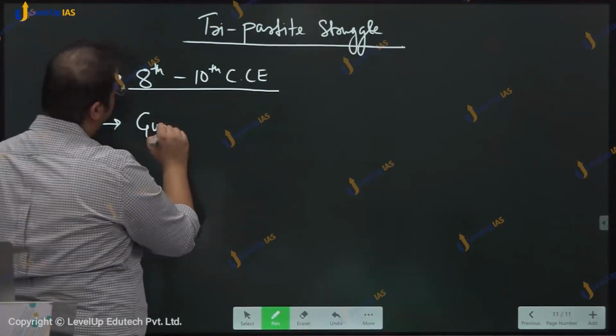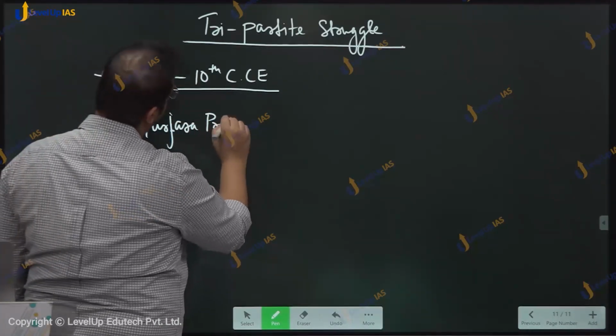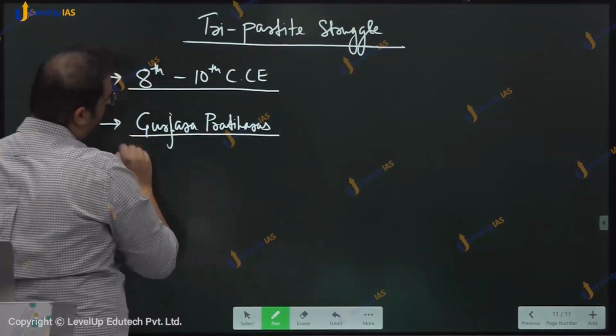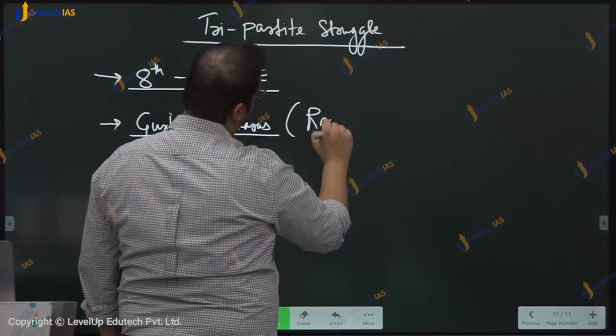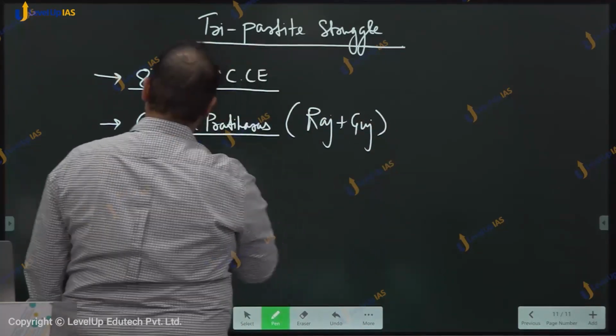Who were the three parties involved? The Gurjar Pratiharas of Western India. Their core region was Rajasthan and Gujarat.